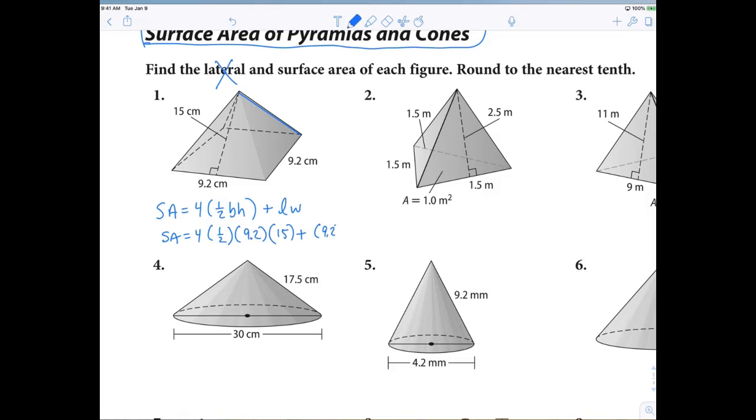Yep, 9.2 times 9.2. All right, so everybody take out your calculator. Multiply that out. 300 what? Square centimeters. Because we're doing area. Now look, I want to see everybody with their calculator in hand. I'm not writing the answer right down.